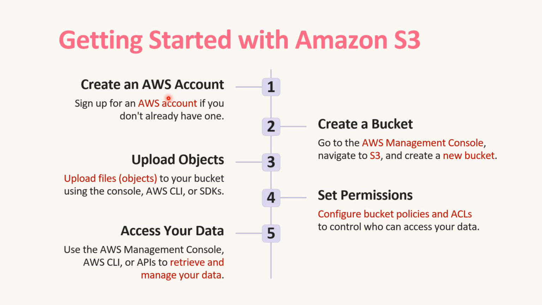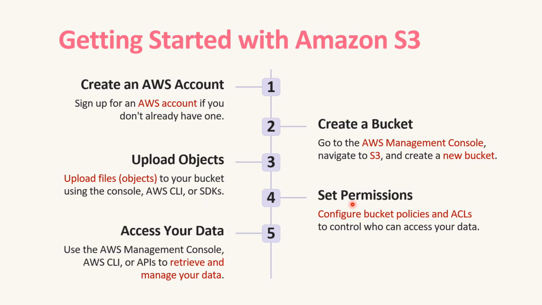Getting started with Amazon S3. First, create an AWS account if you don't have an AWS account. Then create a bucket. Go to AWS Management Console, navigate to S3 and create a new bucket. Then upload the objects. Upload files or objects to your newly created bucket using the AWS console, AWS CLI or SDKs.